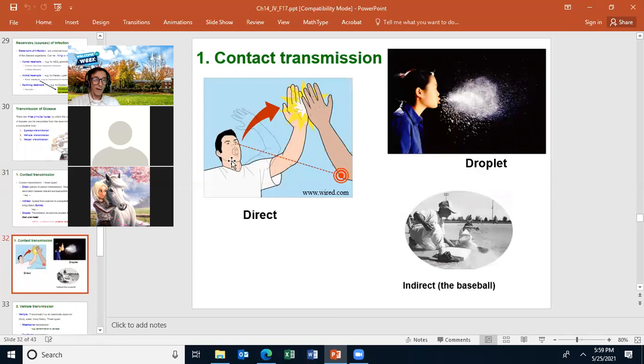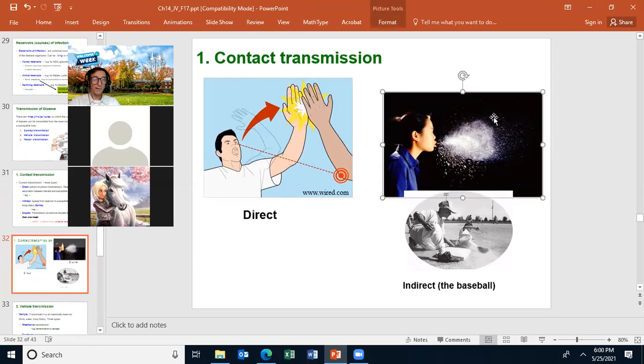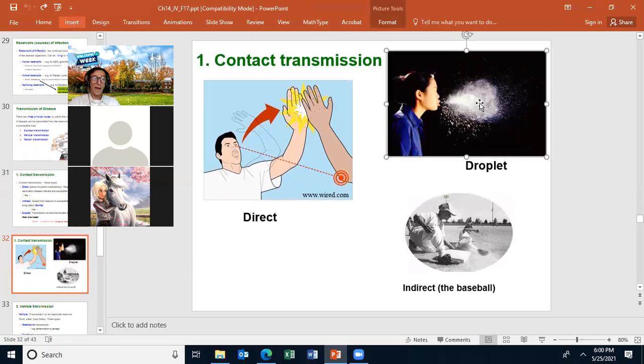So here we have direct transmission from one patient to another. Airborne droplet transmission, where somebody sneezes or coughs, and from 1 meter, that's defined as droplet transmission. After 1 meter, it's no longer droplet transmission.